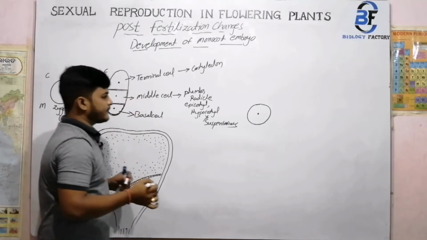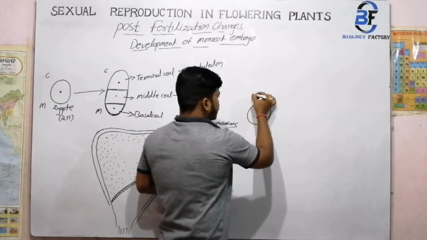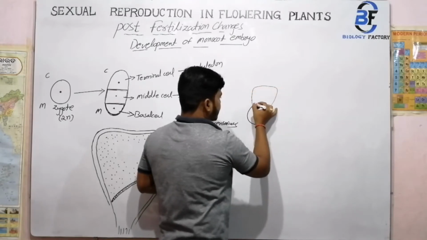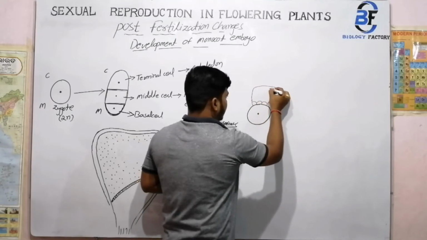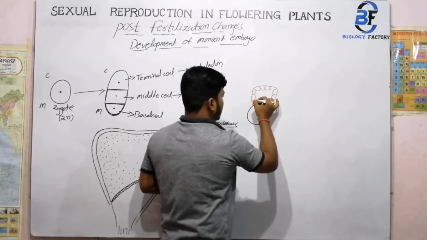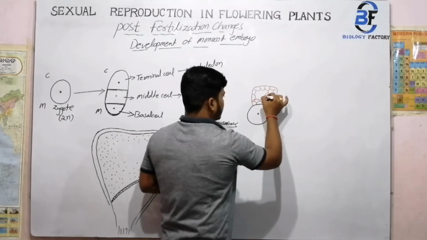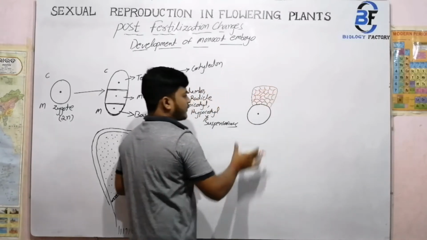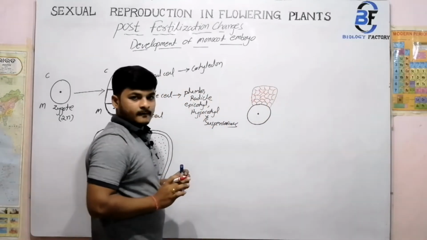Here is your middle cell, and it divides in all planes to form a mass of cells in the first place. From the mass of cells, the plumule develops, the radicle is also developed, the epicotyl is also formed, the hypocotyl is also formed. So all these are formed from the middle cell.